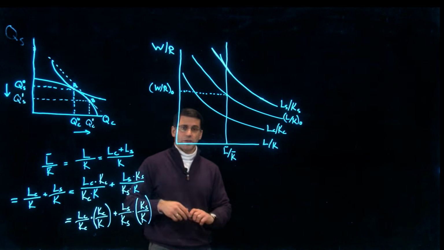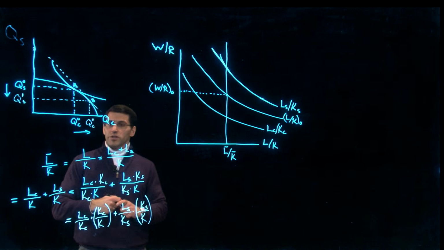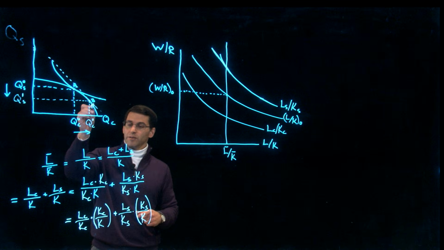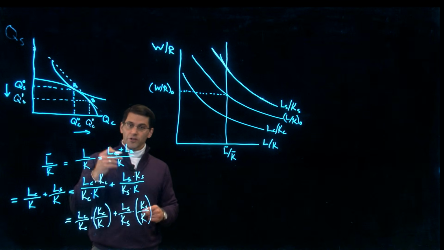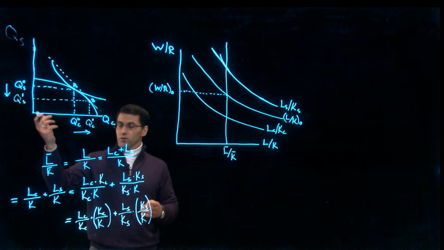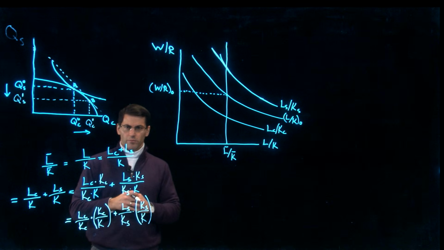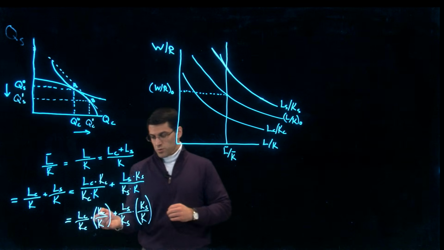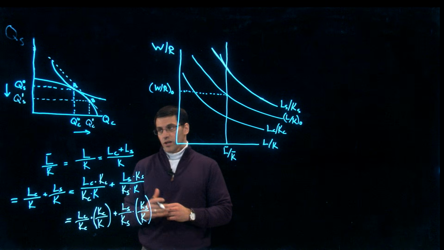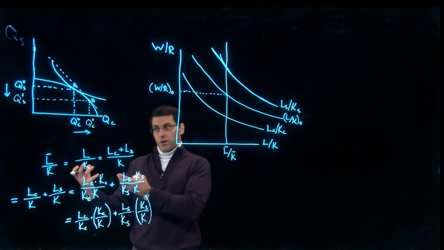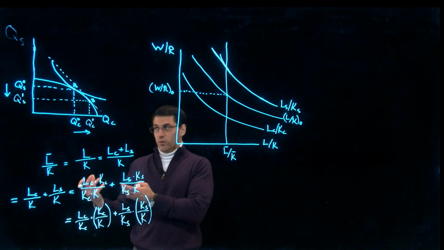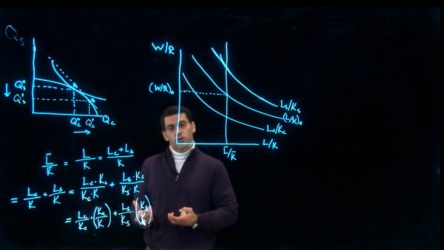We'll go back to our PPF. What we saw here was that our production shifted from A to B. Increase in computer production, decrease in shoe production. So what does that mean? Well, in order to increase computer production, we're going to have to pull both labor and capital out of shoes and into computers.